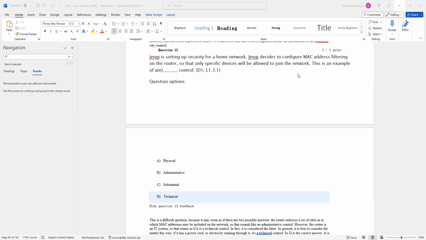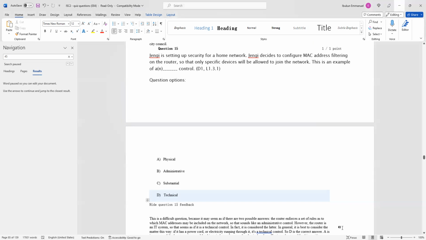If you have friends over often, each time they come over you need to add their device's MAC address to the router's routing table so that it can allow access to the internet. So MAC address filtering isn't really a recommended control for a home-based router, but it is a technical control.